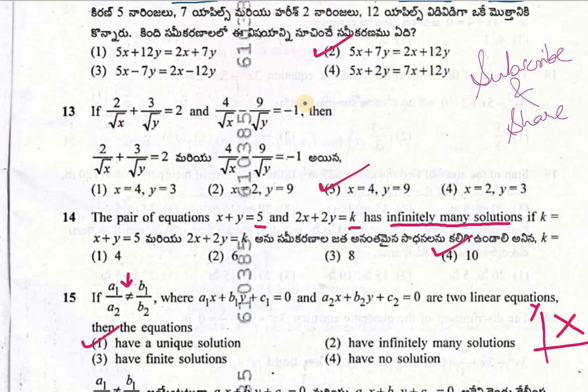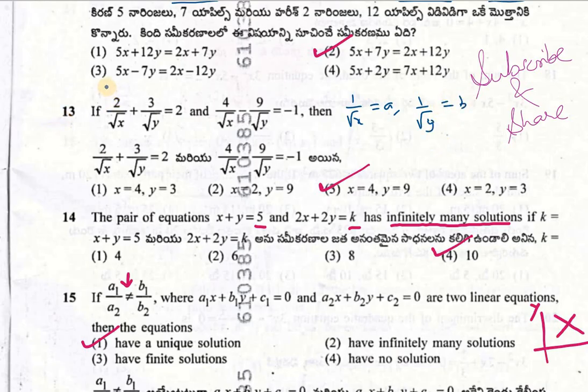Here we have to consider, let 1 by root x be equal to a. You have to first assume like this, and then let 1 by root y be equal to b. You have this same question in 10th class. If you have already done it, you can follow the textbook answer.